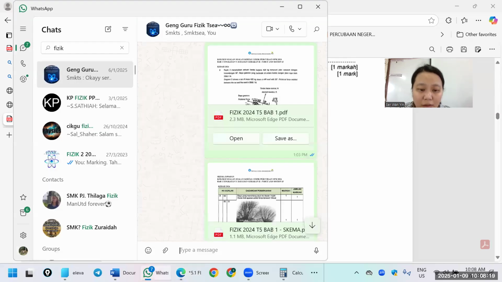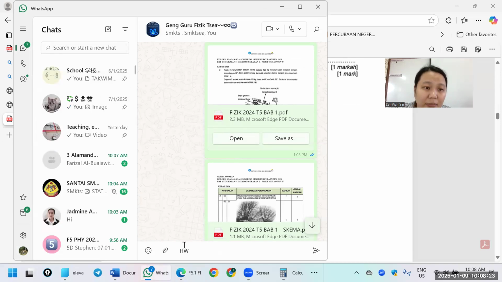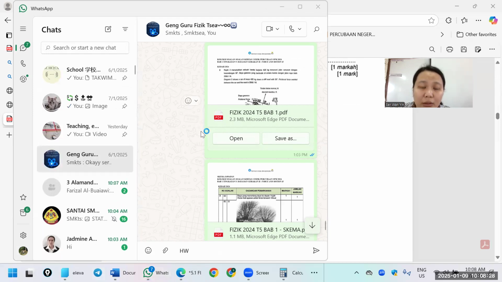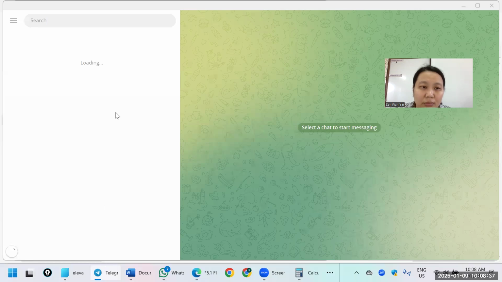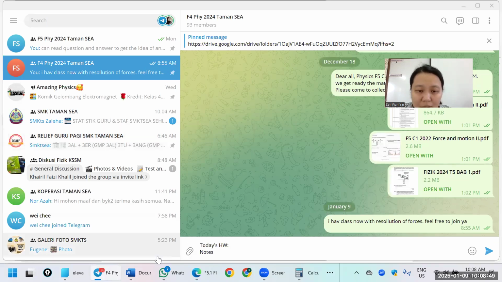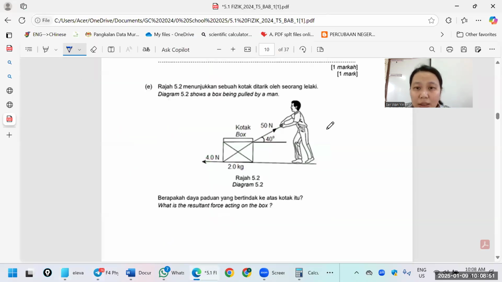Okay, so homework today. I think you all joined Telegram already or not? Put here today's homework. Notes, what page is it?